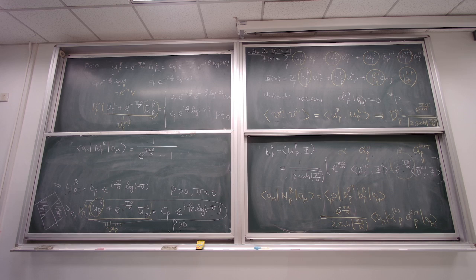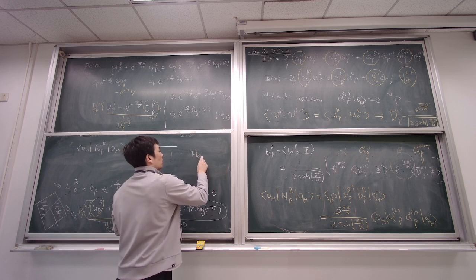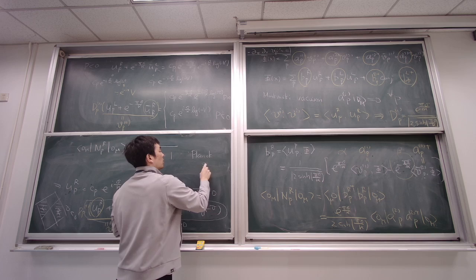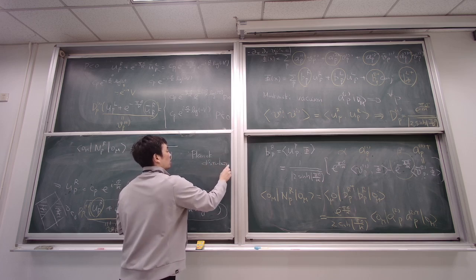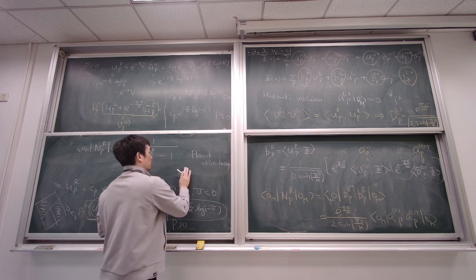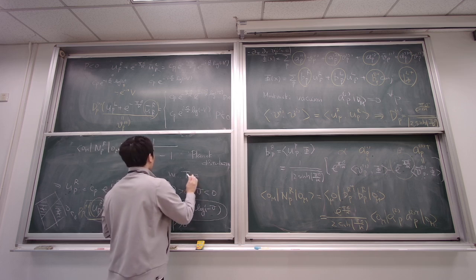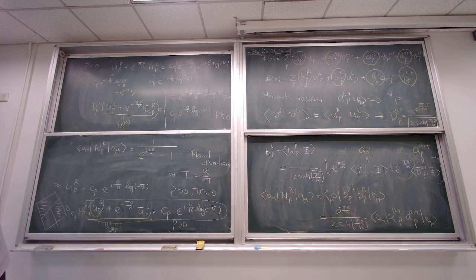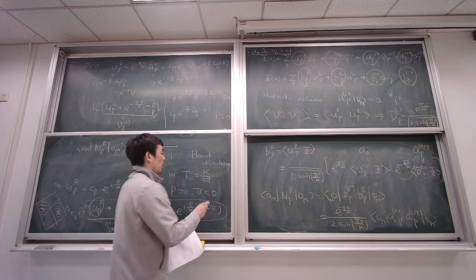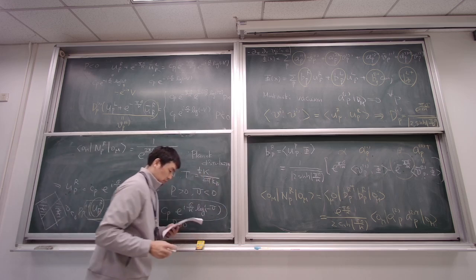And now you're familiar with this. This is the Planck distribution with temperature given by kappa over 2 pi, and if you restore all the constants, it should be h bar here and k_B here.